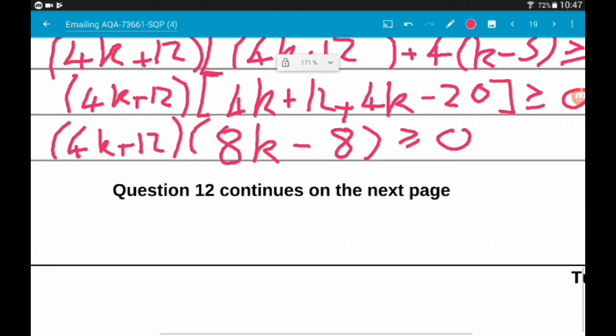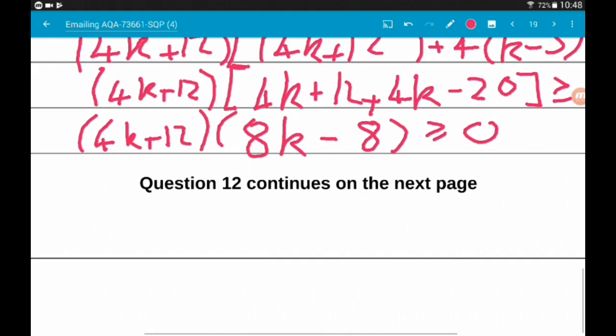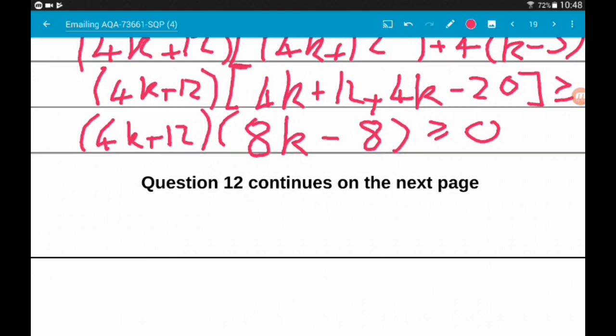Now, both of these brackets have common factors inside of them. So this first bracket has a common factor of 4. So if we divide that away first, this first bracket becomes k plus 3.